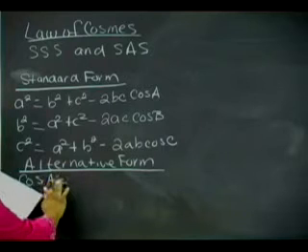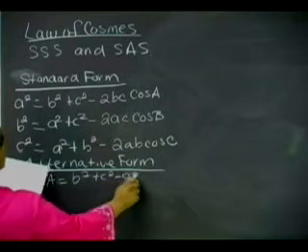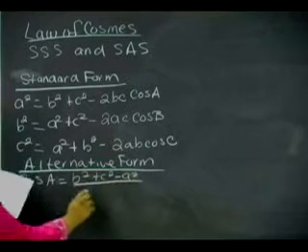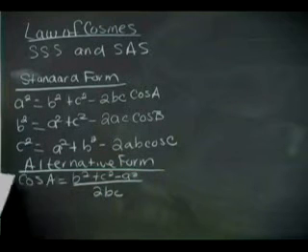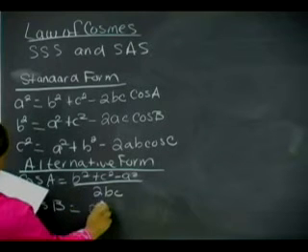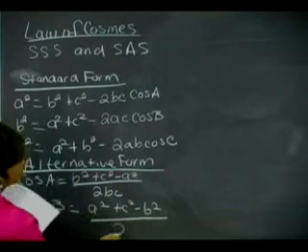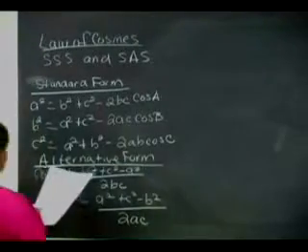Cosine A equals b squared plus c squared minus a squared all over 2bc. Cosine B equals a squared plus c squared minus b squared all over 2ac.